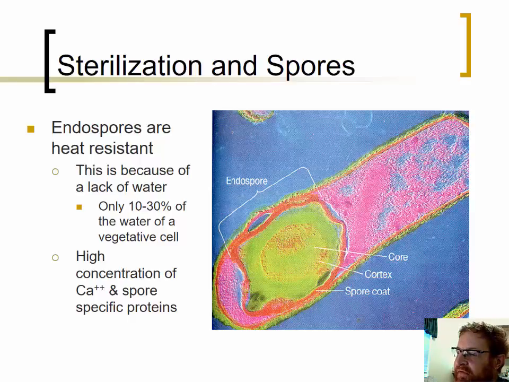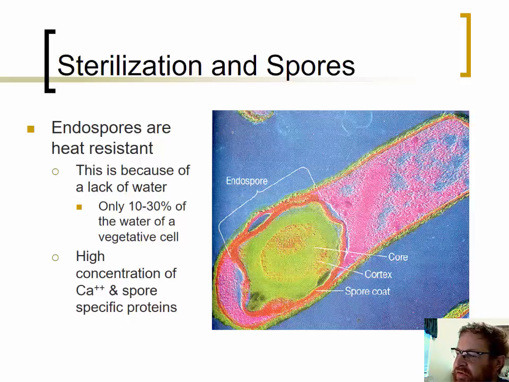One of the forms that certain bacteria can survive in is endospores. Endospores are very heat resistant, incredibly resistant to heat.